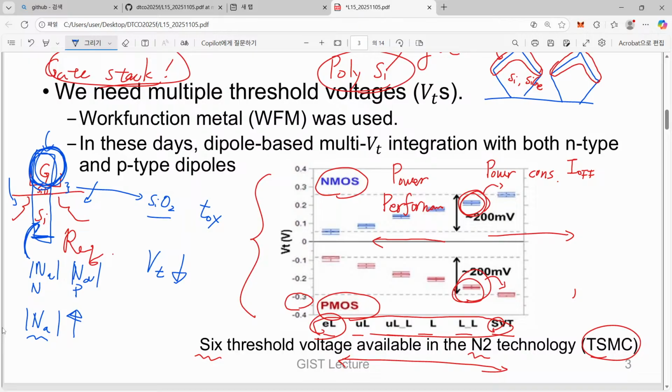So we were forced to increase threshold voltage, and in order to do that, we were forced to increase doping density. Previously the doping level was on the order of 10 to the 18 per cubic centimeter.